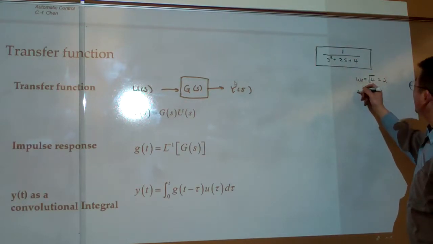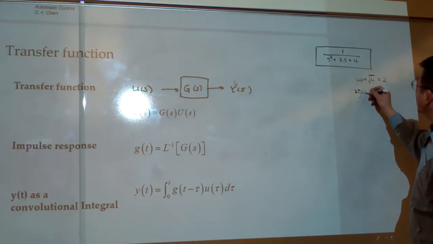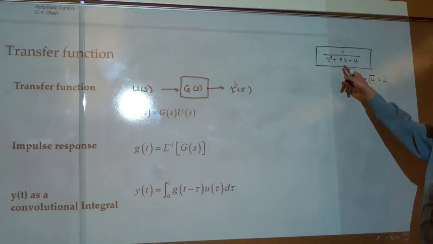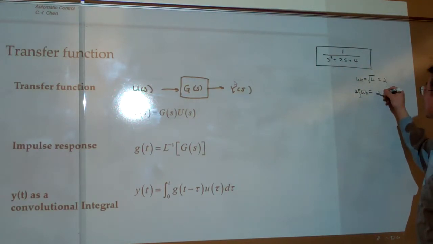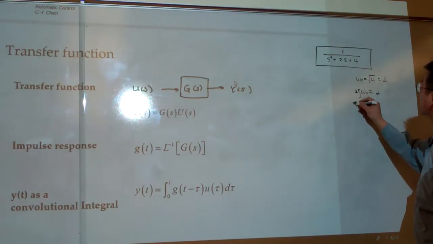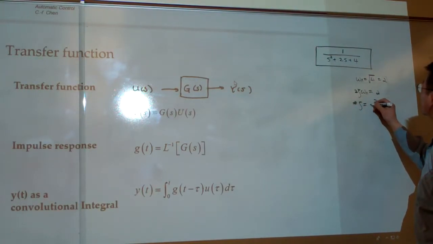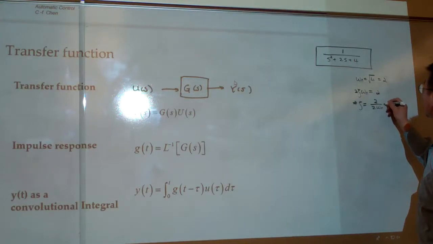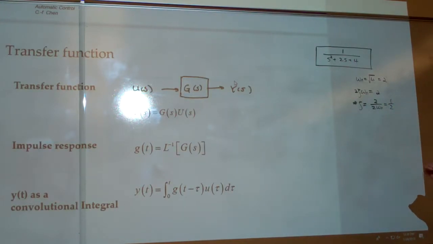And for this one, 2 zeta omega n, if you remember our previous calculation, equals 2. So from here we can calculate zeta equals 2 divided by 2 omega n, equal to 1/2. So for this example, zeta equals 0.5 and omega n equals 2.